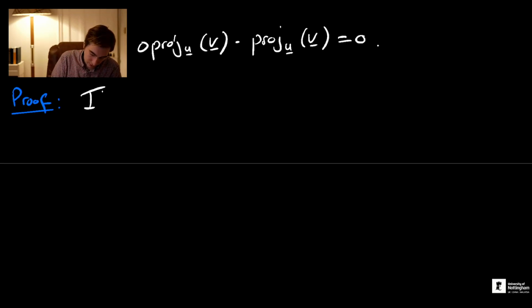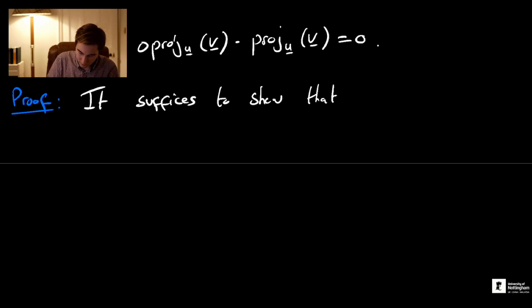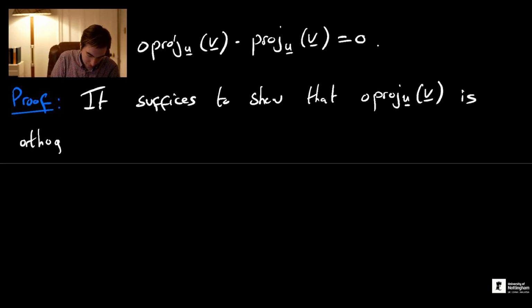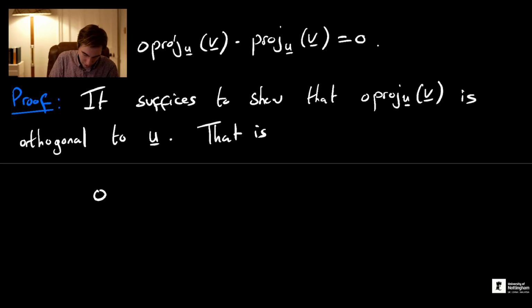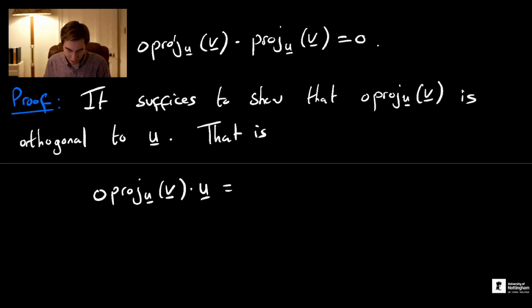So let's write that down. It suffices to show that this vector, the orthogonal projection of v onto u, is orthogonal to u. So if we take the orthogonal projection of v on u and dot it with u, what is that going to equal?